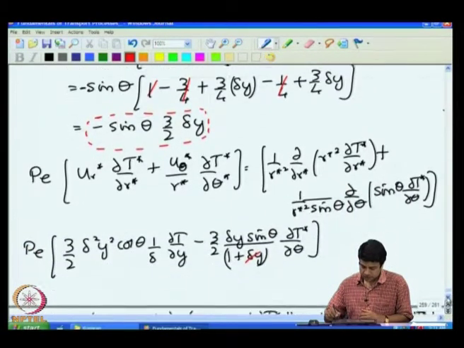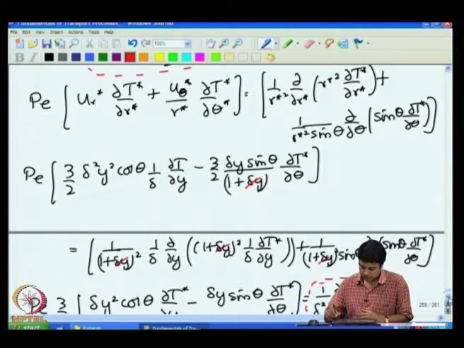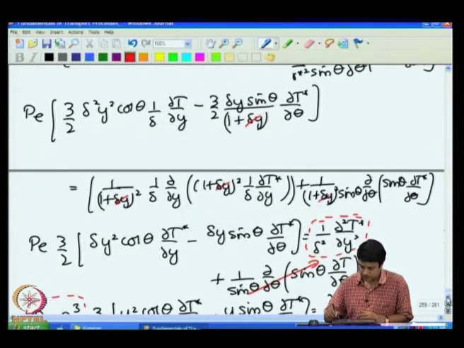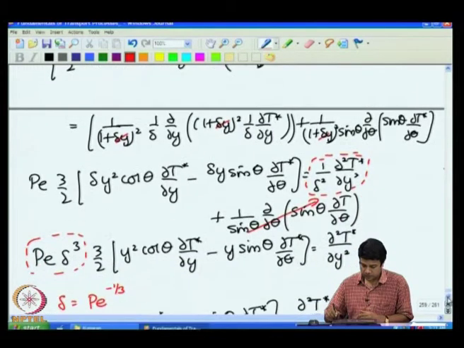This was inserted into the conservation equation, and we did an expansion in delta y. Wherever we had 1 plus delta y, we neglected delta y in comparison to 1. In this case as well, we found that the cross stream diffusion is actually large compared to the streamwise diffusion. In this case, r is the cross stream direction, theta is the direction tangential to the surface.